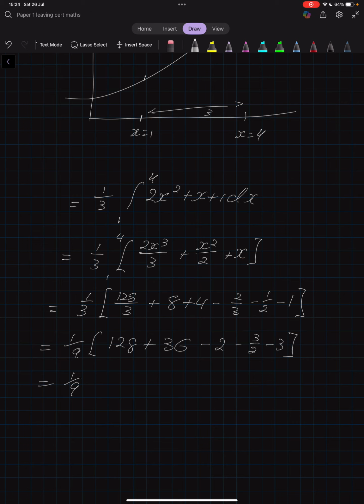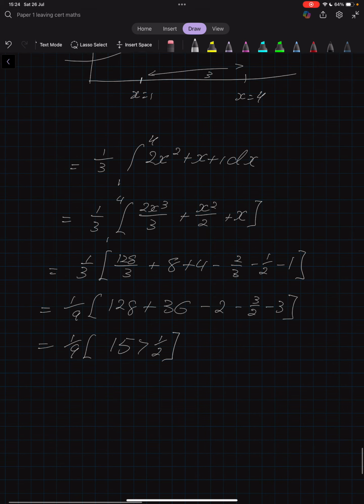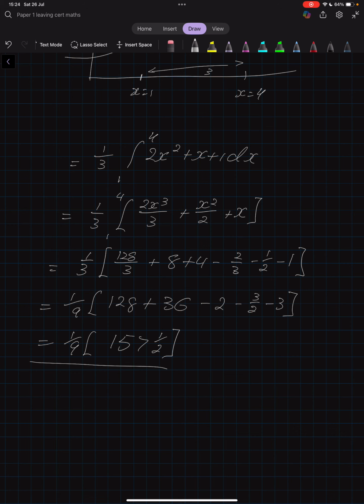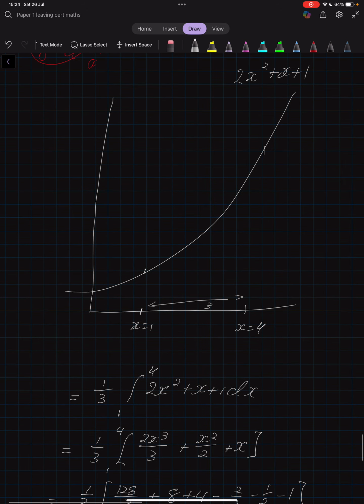So it's a ninth into 128 plus 36 is 164, 164, 159, 158, 157 and a half. And that's it. So that's the average value of this function along this interval.